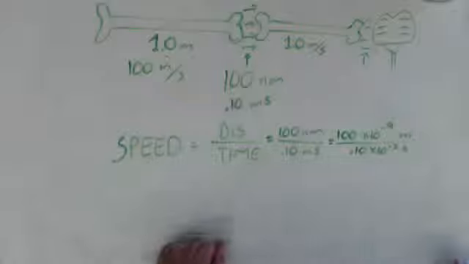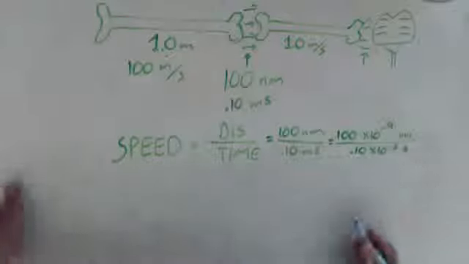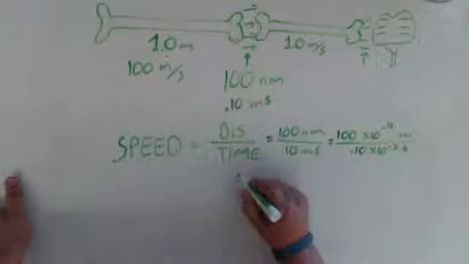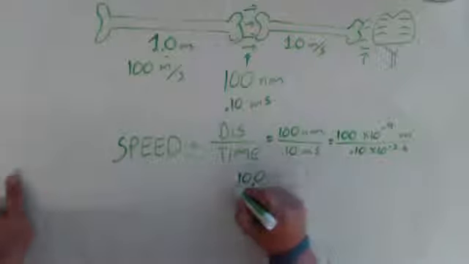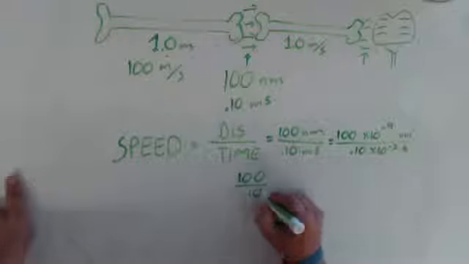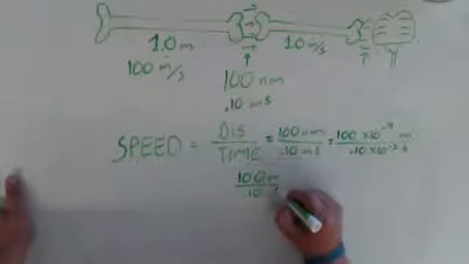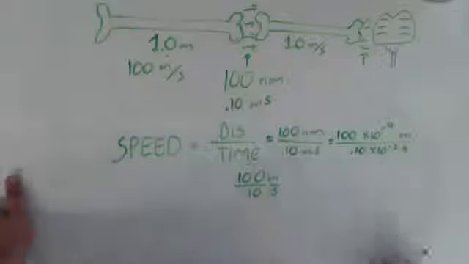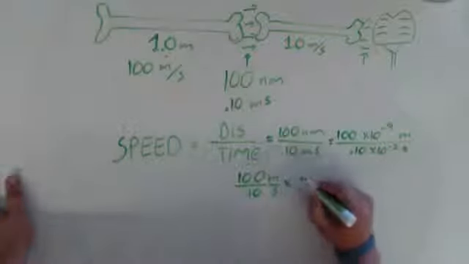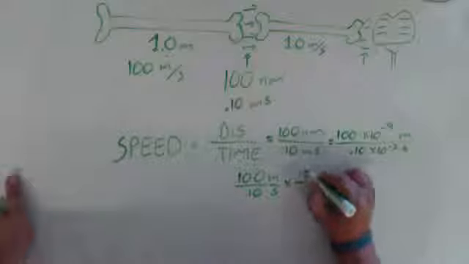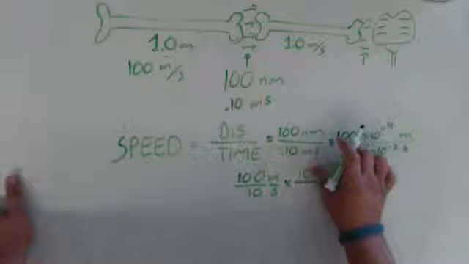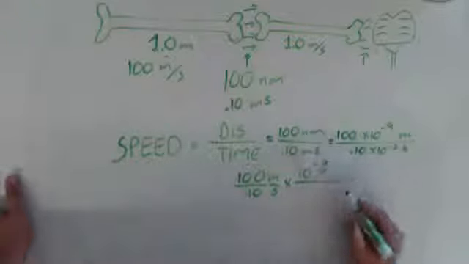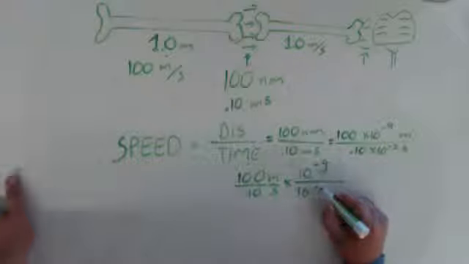To do that, I'm going to separate this term, 100 over 0.1 meters per second, and move those units out to the front, times 10 to the power of negative 9 over 10 to the negative 3.